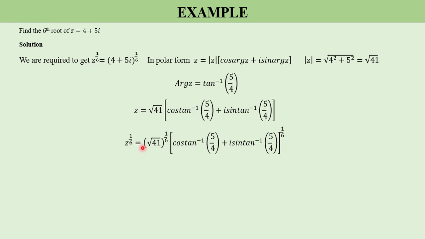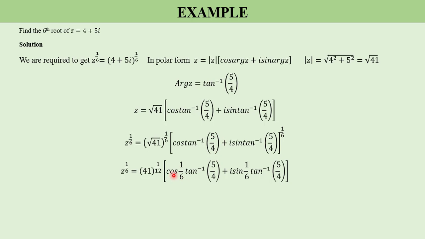Now we can simplify this. Simplifying it, we shall have z power 1 over 6 is equal to 41 power 1 over 12, because we have a half times 1 over 6, which gives us 1 over 12, times, for the next expression, we apply De Moivre's theorem, where this power is multiplied by the angle, and this time the angle is tan inverse of 5 over 4.